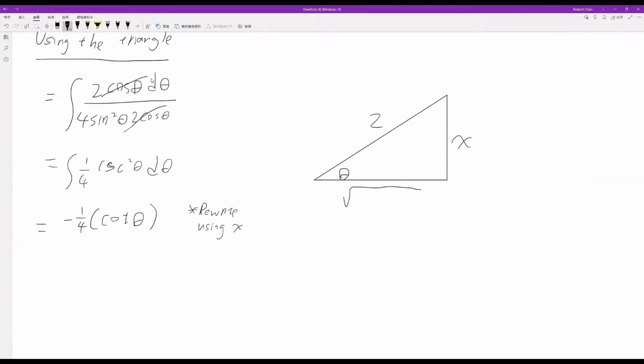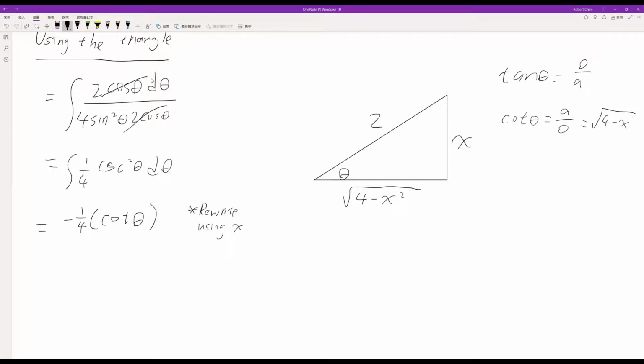Then the adjacent will be radical 4 minus x squared. So we have cotangent theta. That means we want to find out what cotangent is. Tangent is opposite over adjacent, so cotangent theta will be adjacent over opposite, which is radical 4 minus x squared over x.